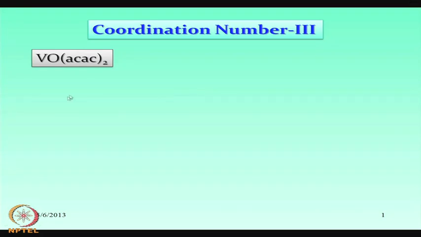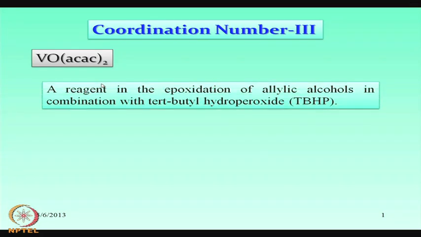That gives us some information on how we can think of reactivity patterns of this vanadium acetylacetone molecule, because it is well known to be a very good reagent in the epoxidation of allylic alcohol, a special type of alcohol where the allylic group is present, in combination with tertiary butyl hydroperoxide.